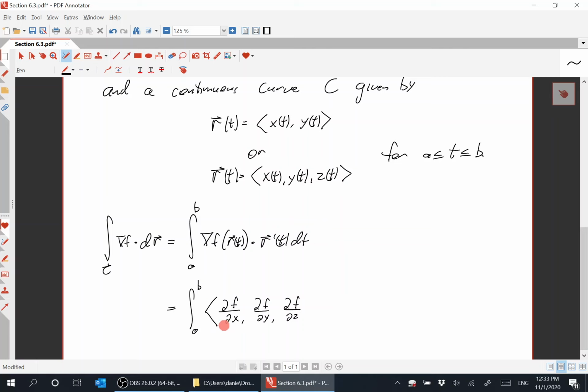The gradient is simply this vector field here, dot r prime of t, which is the derivative of these: dx dt, dy dt, dz dt. Look familiar? That's a dot product.